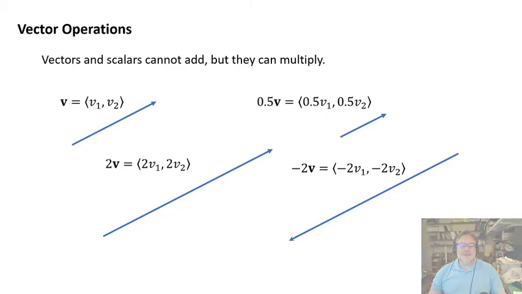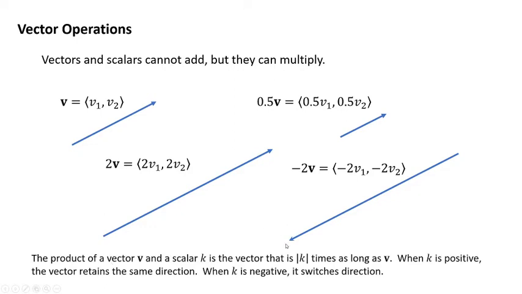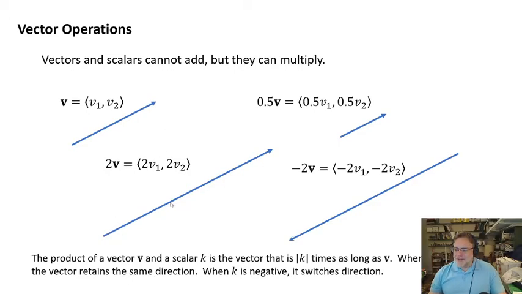And so the general rule here is that when we're multiplying these things together, the product of a vector v and a scalar k is the vector that is the absolute value of k times as long as v. Now what is that saying here? That means that this vector here is twice as long as this vector, and this vector also is twice as long as this vector.